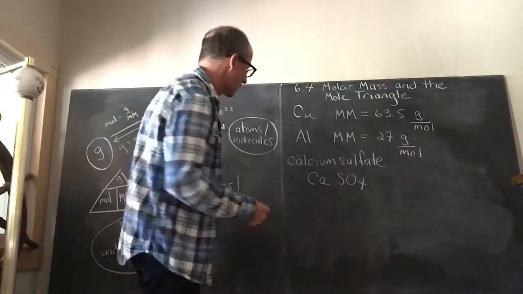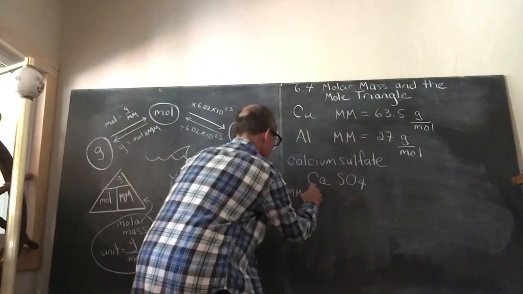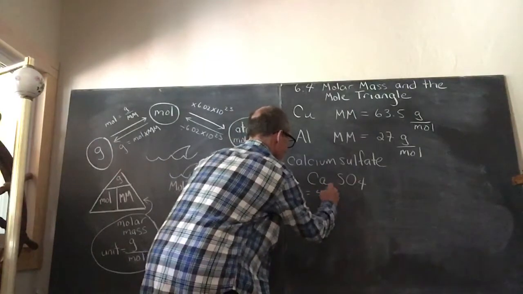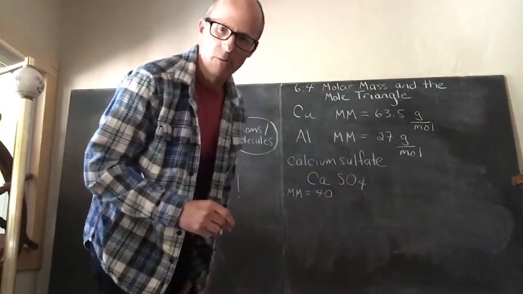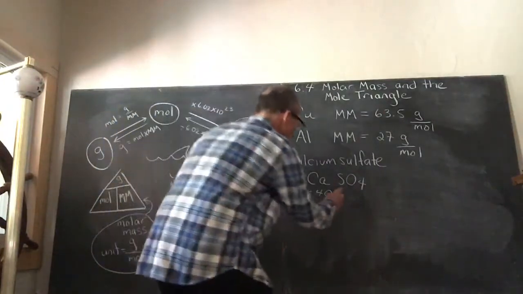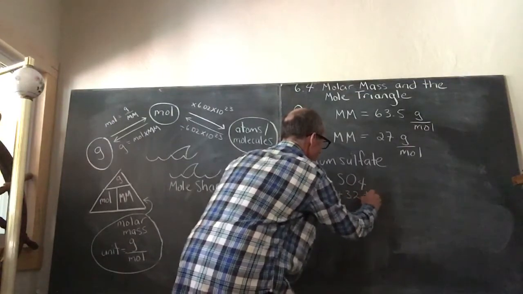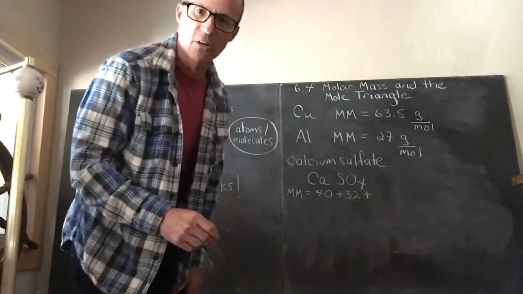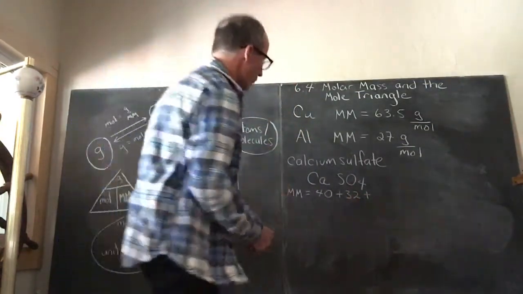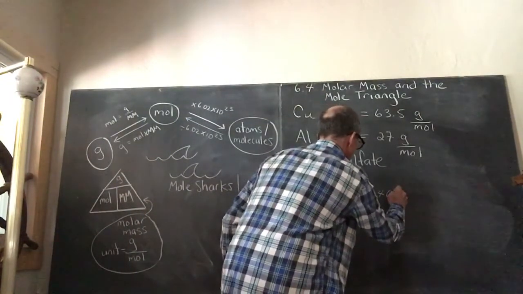So if we look at calcium, the molar mass of calcium is 40. That's from your table. Sulfur we've already looked at in the first video. It is about 32. And of course there are 4 oxygen atoms in each calcium sulfate. So we're going to multiply 4 times 16.